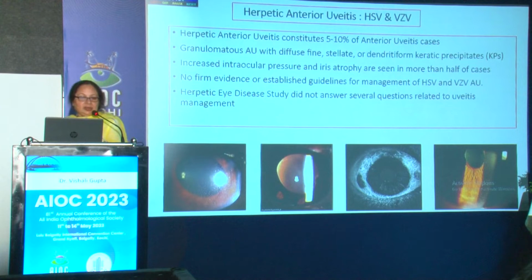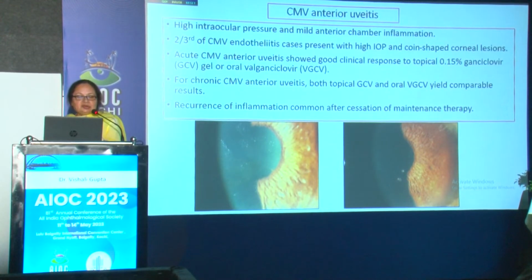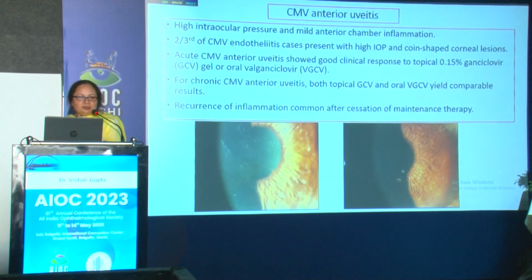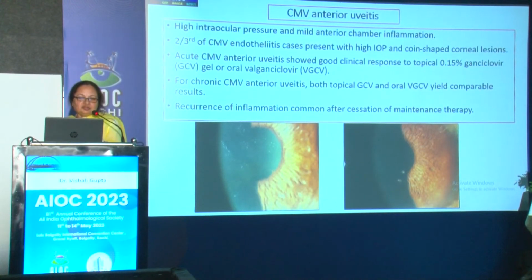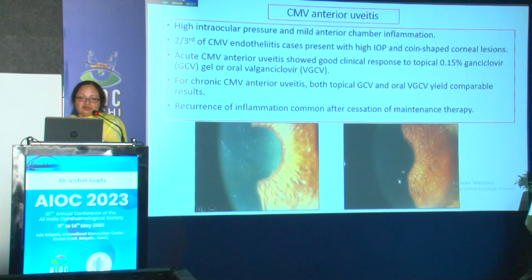The Herpetic Eye Disease Study did not answer various questions related to the management of uveitis. Now coming to CMV, it generally produces high intraocular pressure and mild anterior segment inflammation. Especially if you see these coin-like lesions, they are very specific for CMV.